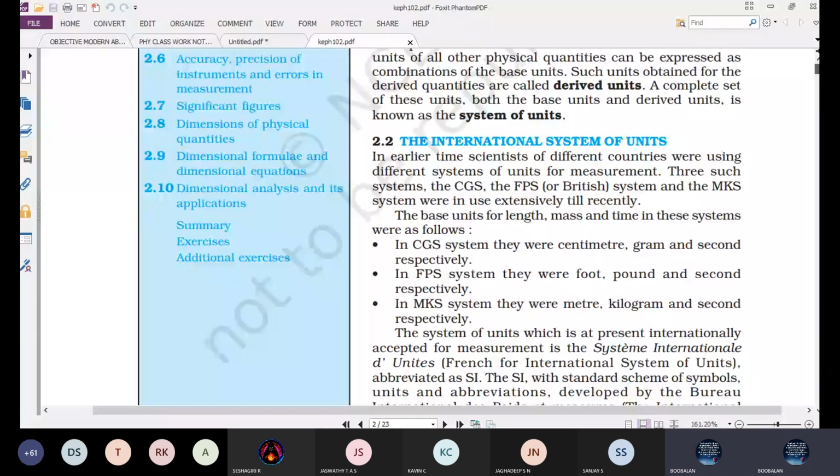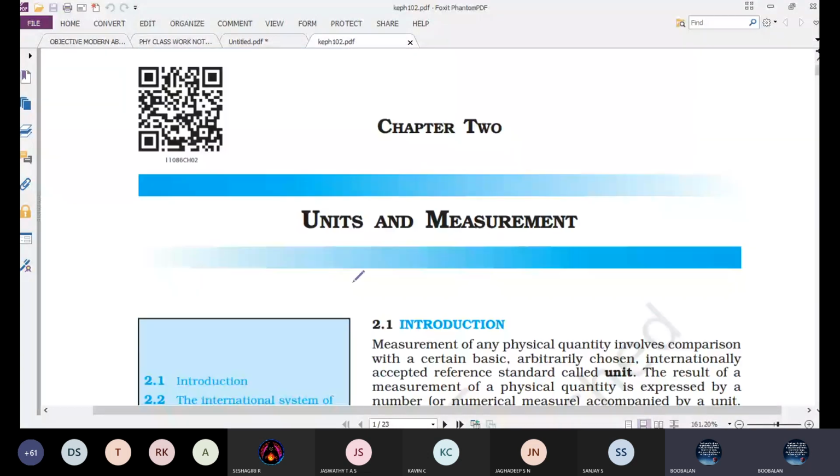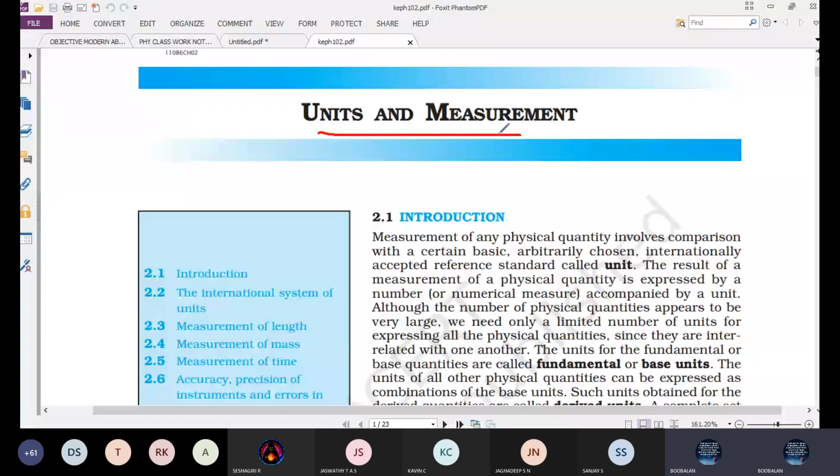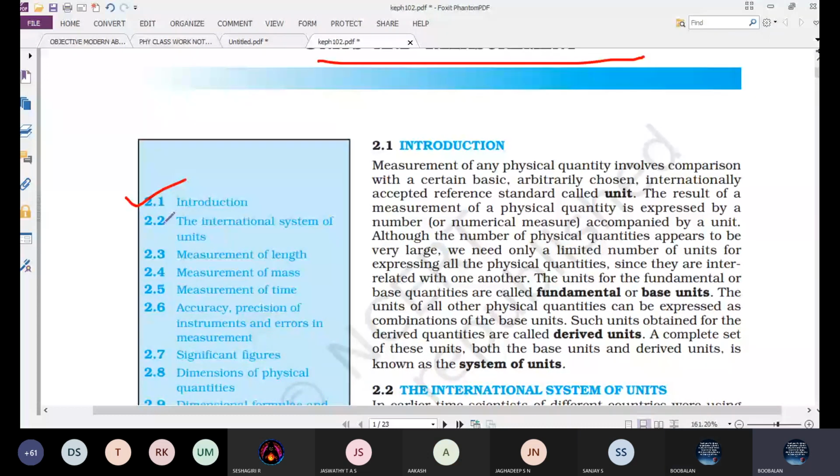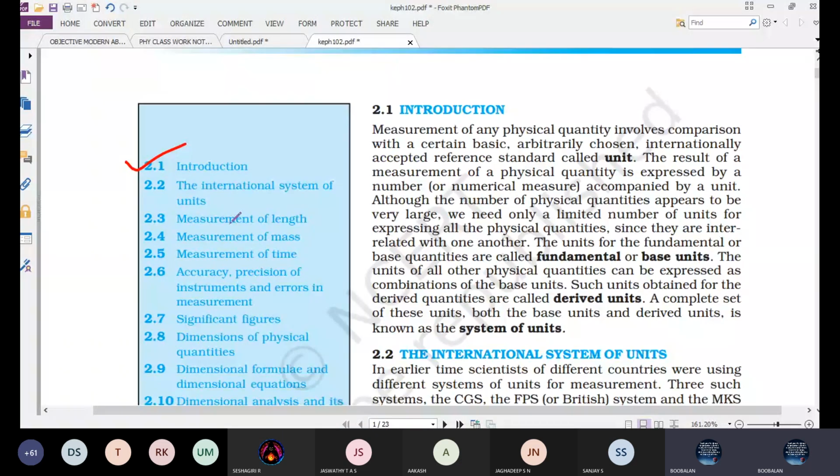Your NCERT book, chapter number 2, Units and Measurement. The introduction part we completed. International System of Units, that is the SI system, completed. Measurement of length, mass, time, we gave just the introduction part.